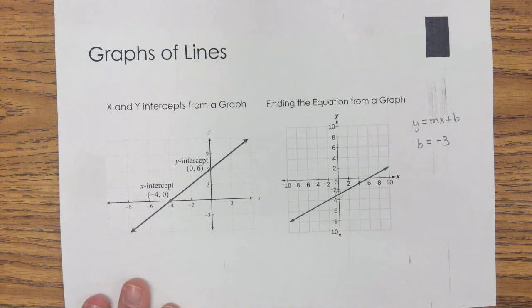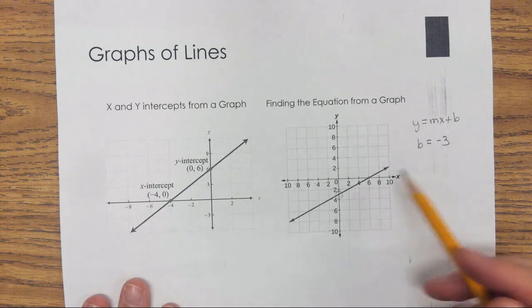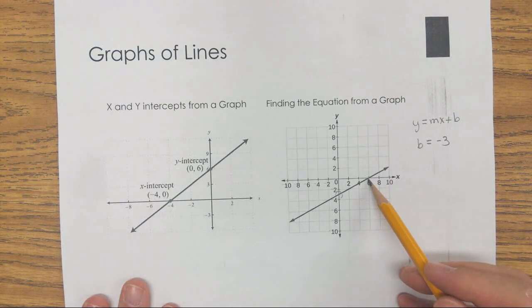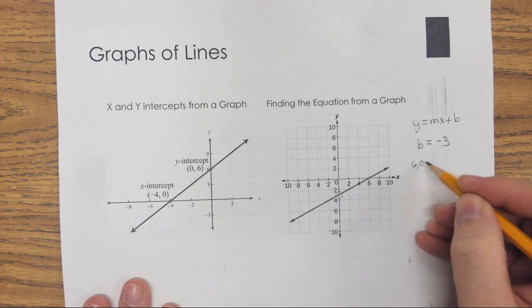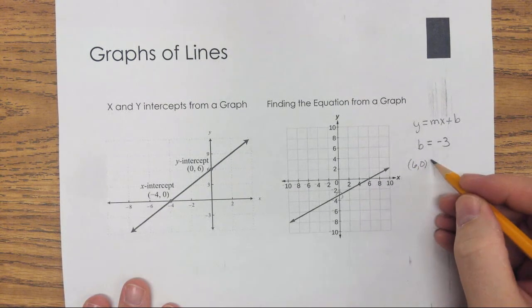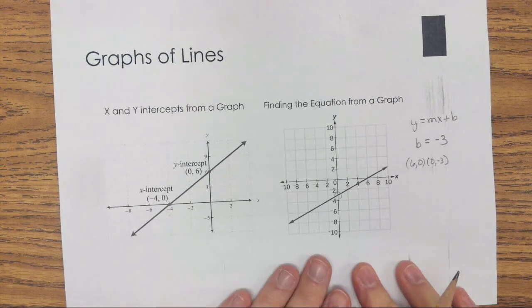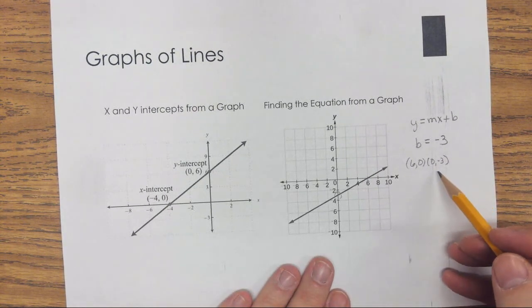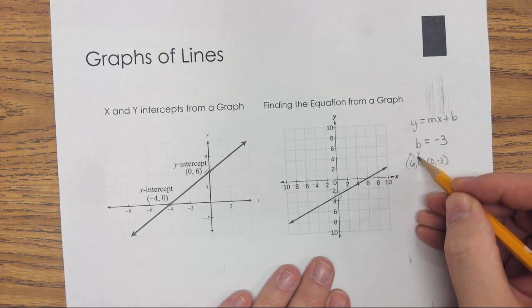Now the slightly more difficult part is going to be identifying my slope. But I have 2 points here. I've got 6, 0, which is an x-intercept. And I can use my y-intercept as 0, -3, and I'll be able to identify my slope then. Okay? Alright. So this is x1, y1.